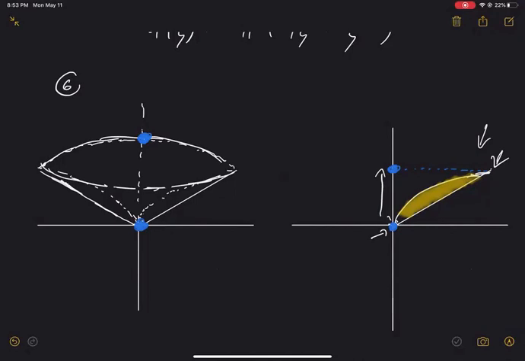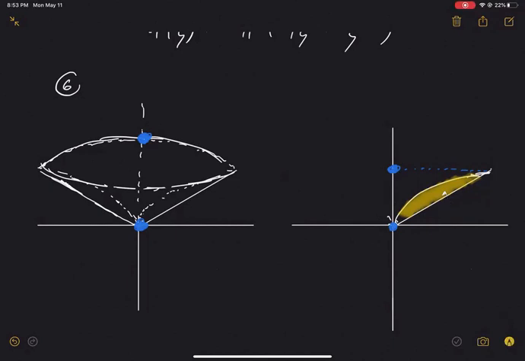Because the 3D object we're making is derived from this 2D shape. This 2D shape starts where these curves intersect and ends where they intersect, because we're dealing with a region enclosed by these two curves.